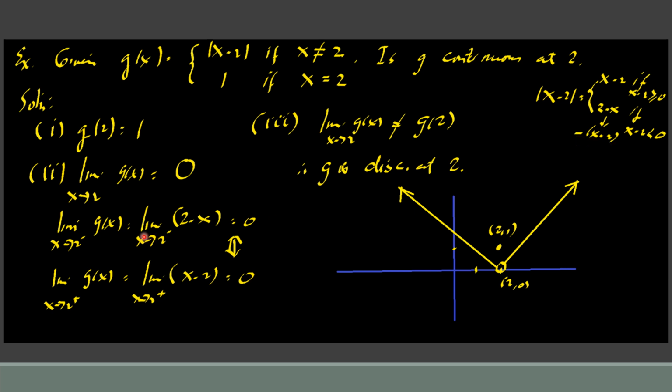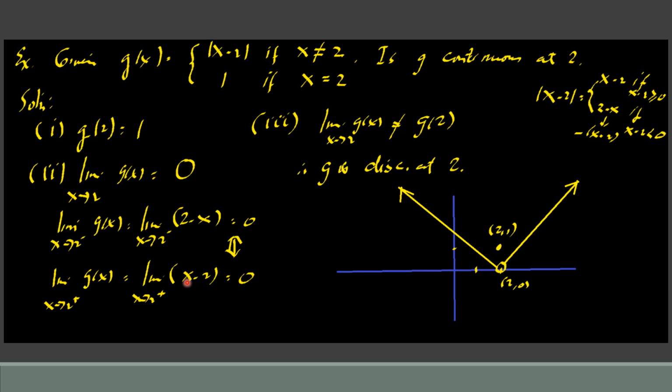So hence, we evaluate the limit of the negative of x minus 2, or 2 minus x, as x approaches 2 from the left, which is equal to 0. Then we evaluate the right-hand limit. As x approaches 2 from the right means that x is greater than 2. And for x greater than 2, or x minus 2 greater than or equal to 0, the absolute value is x minus 2.